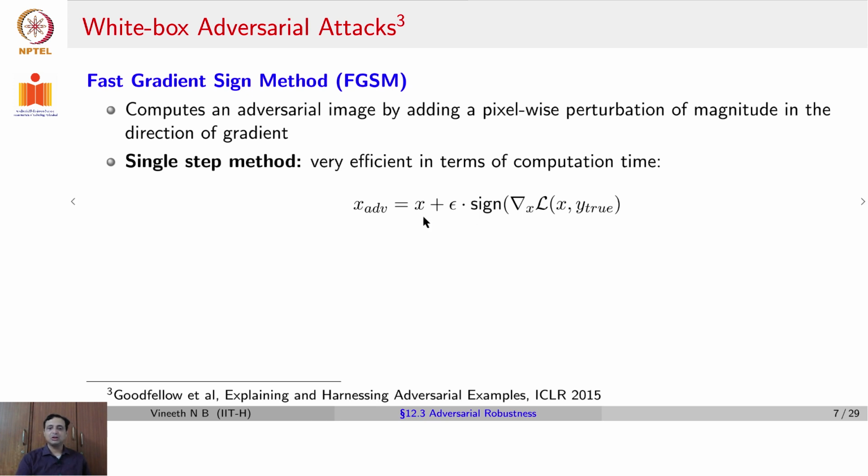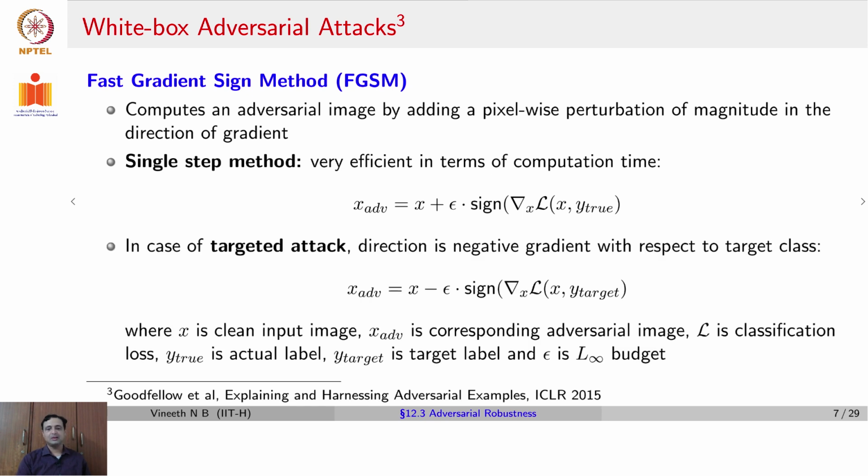So for each dimension you add an epsilon times its corresponding sign. What are you doing? You are now trying to add a perturbation which would increase the loss and hence result in an adversarial perturbation. So this is known as a single step method, just one update to get an adversarial perturbation, and hence very efficient in terms of computation time to implement.